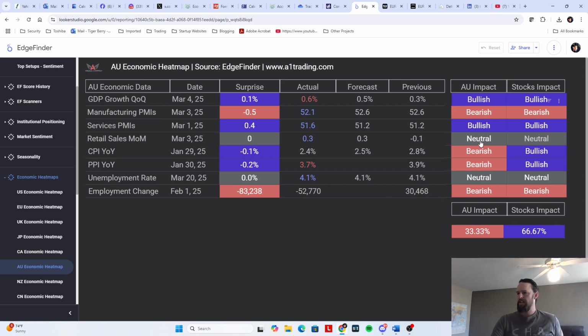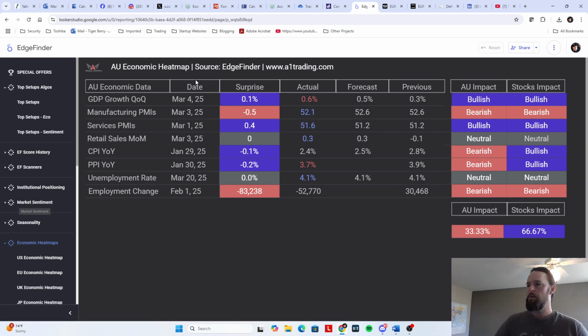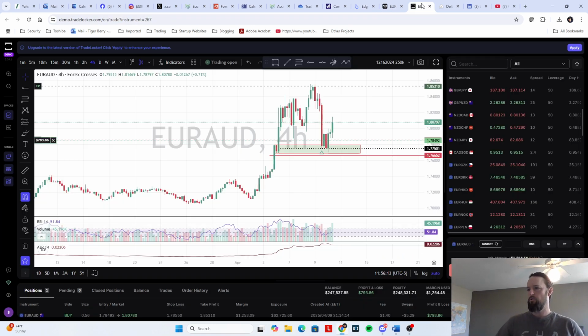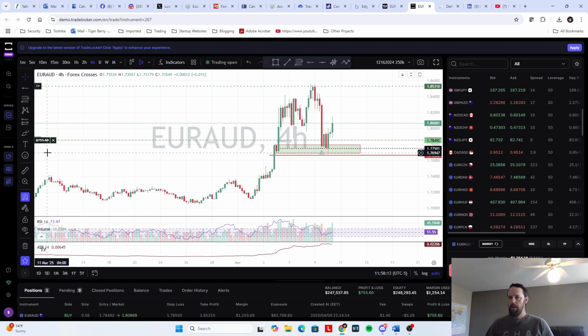So Australia has had more bearishness to it on an economic level and a sentimental level than the euro. Okay, the euro's been okay, but the Australian dollar has just been more bearish. So that's why I took the other side of the trade. That's why I bought the euro and sold the Australian dollar. So look, currently we're in a good trade on that. That's kind of me putting all the pieces together to show you what it looks like.